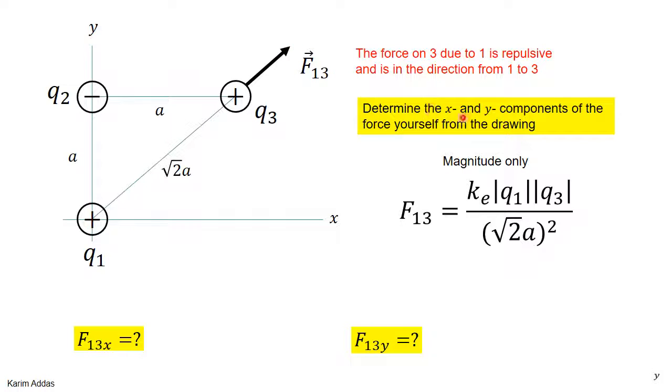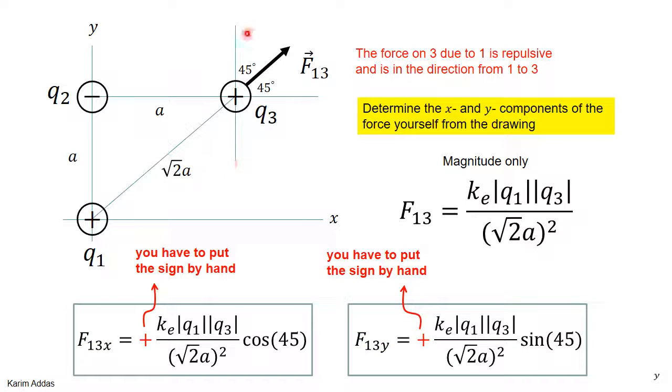And then determine the x and y components from the drawing. So I want to get the x component and the y component of this vector, which I know its magnitude. I know the magnitude of it, but I want to get its components. So I'll just put a kind of local x and y axis like this, and you can identify that the angle here is 45 degrees, the angle here is 45 degrees. So I have a vector that I know its magnitude and I know the angles, and I just want to get the components.